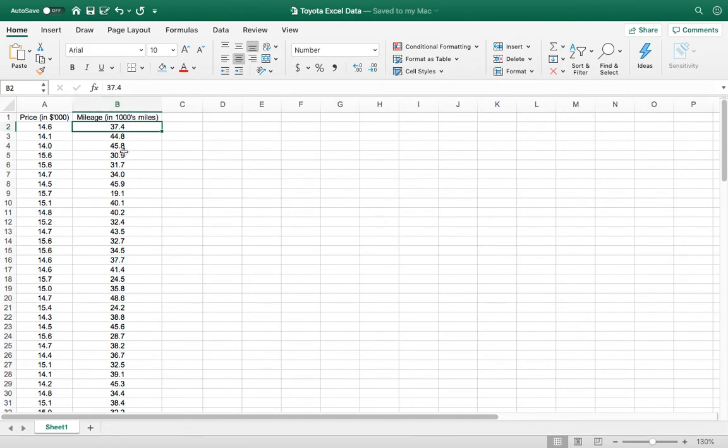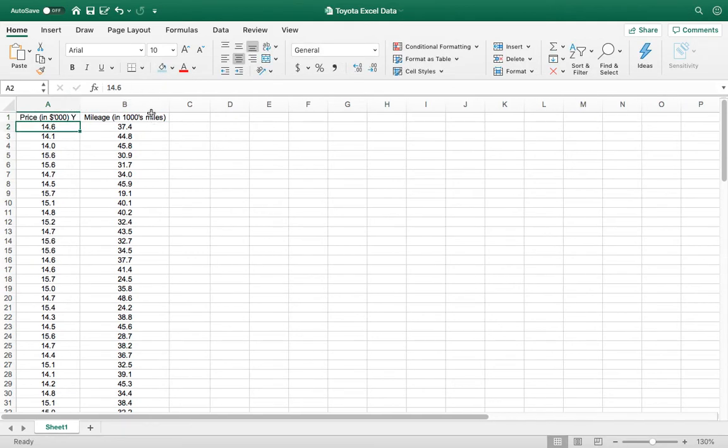So what would you say is the dependent variable? If you think about it for a little bit, you're probably going to say that price is dependent, and the dependent variable is going to be y. Price is going to be dependent on the miles.